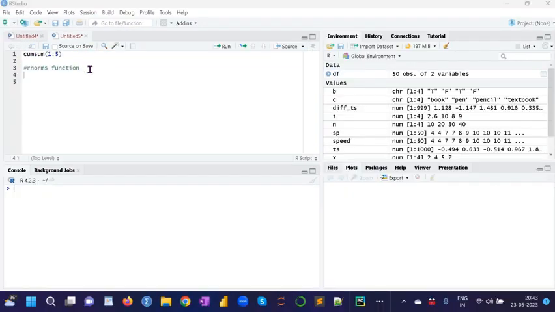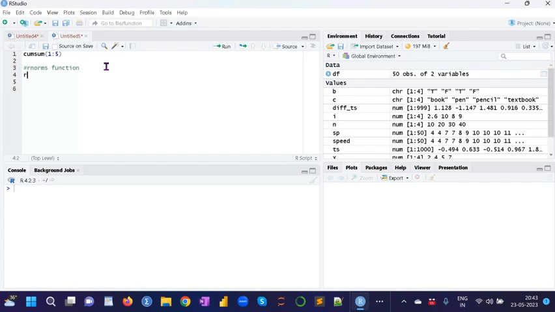the second is the rnorm function. The rnorm function is a normally distributed random variable function, called r for random and norm for normal. It is given the vector length. It returns a vector of that length, like column length, row length.